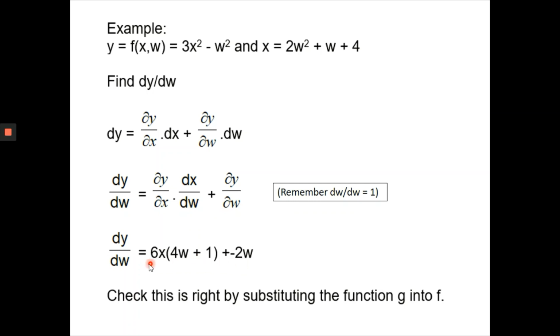And we refer to this process of finding this derivative as the total differentiation of y with respect to w. Okay, and you can check this by substituting the function g, okay, this would be the function g in this case, into f, and working out the derivative that way, and you would see that you would get to the same answer.